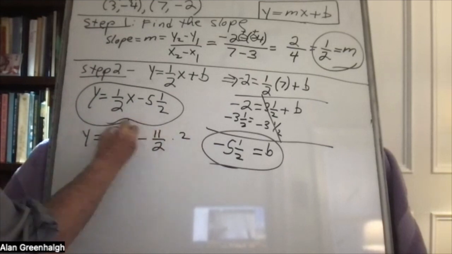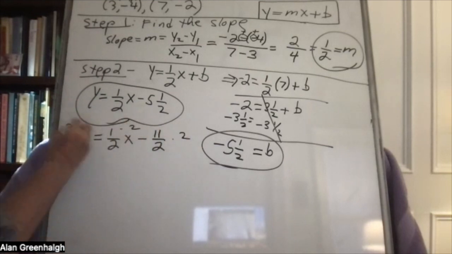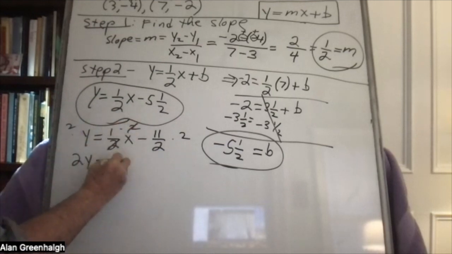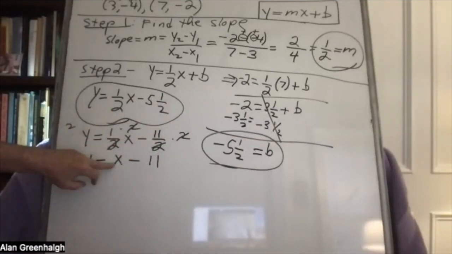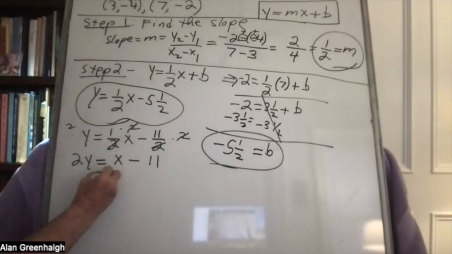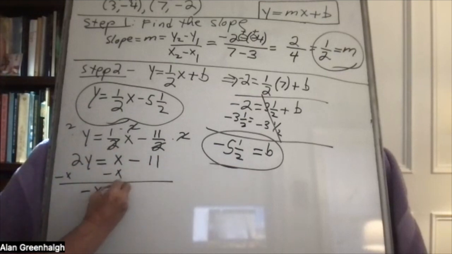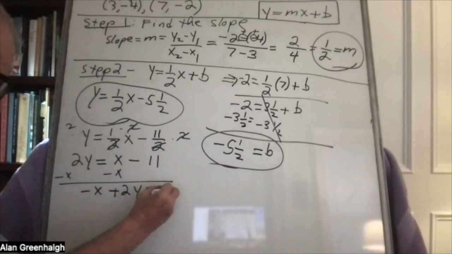So we multiply everything by 2, and we wind up with 2y equals x minus 11. Let me make sure I did that right. I wanted to get rid of the denominators, so I multiplied everything by 2. I got 2y, I got x, I got 11, and now you bring the x over. We get -x plus 2y equals -11.